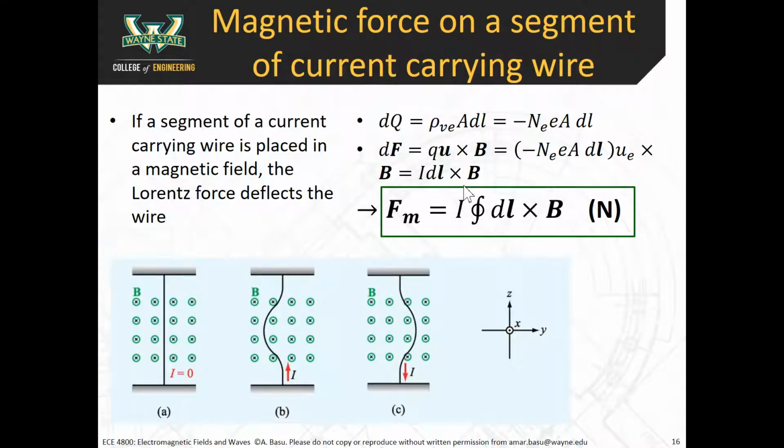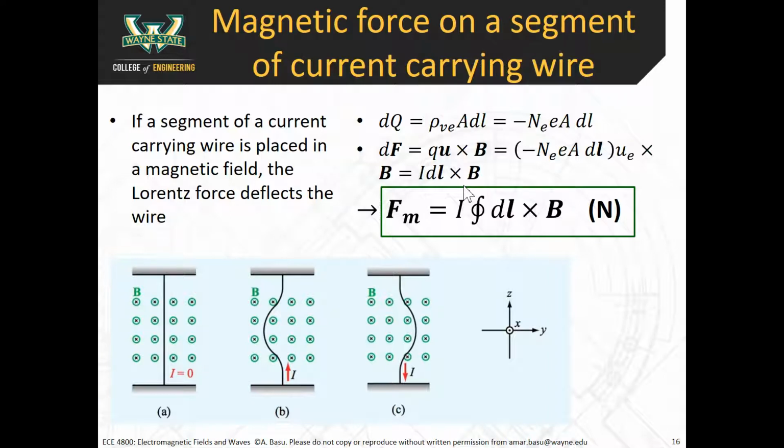But how we end up using these magnetic forces in the real world is in things like electric motors, for example. In that case, the currents are normally moving through wires.